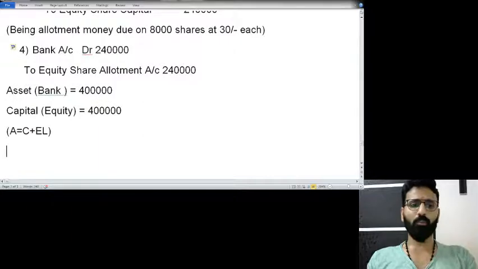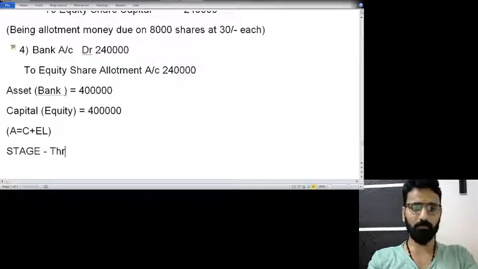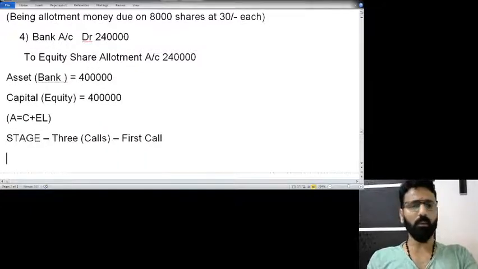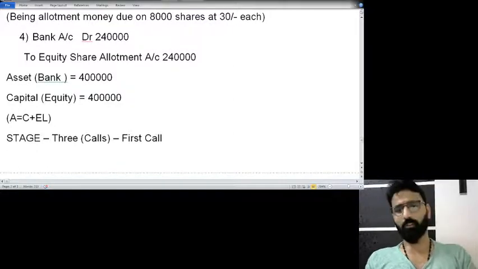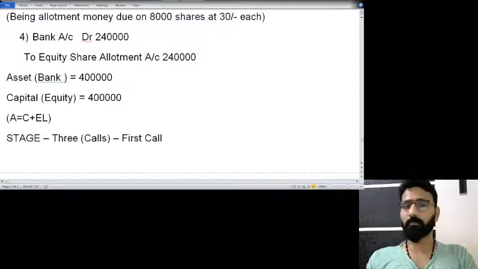With this I go into my 3rd stage, which is calls, and here is the first call. Normally first call and then second call, but the entry remains the same. In first call what we should do first?